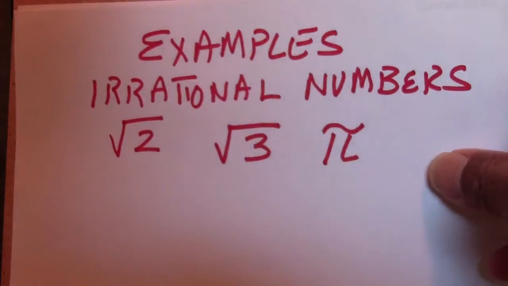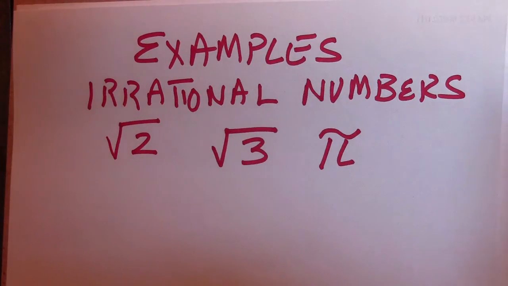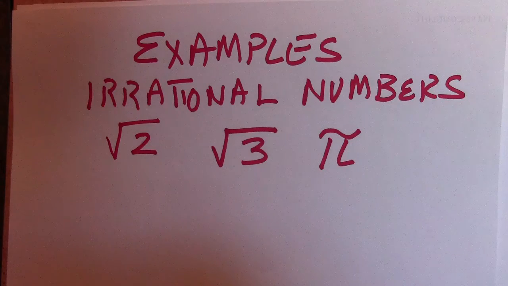Examples: the square root of 2, which is not reducible, the square root of 3, which is not reducible, and the most famous example of an irrational number is the number pi. So as we have seen, the number line is a very crowded space, and it is made up of rational and irrational numbers.